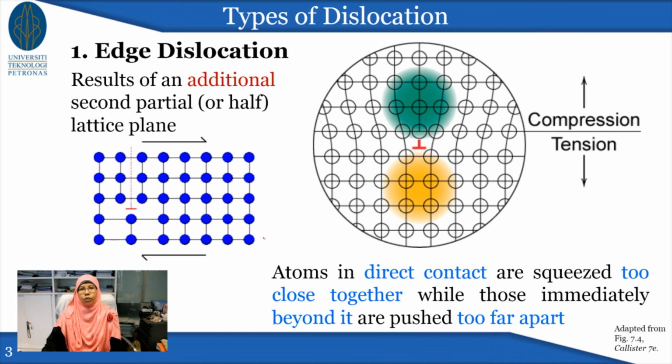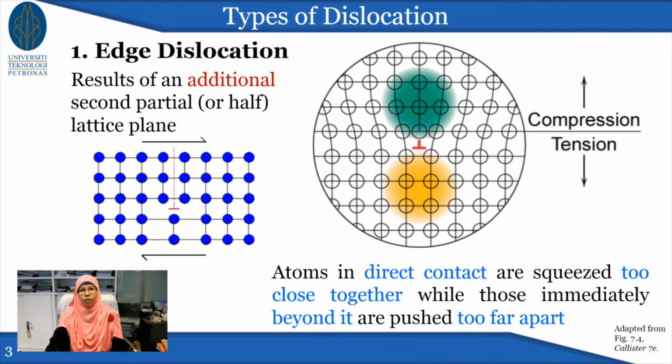And if you look at the right side schematic, what actually happens when you have an edge dislocation, it's right here, right? This is where your edge dislocation is, and can you imagine that extra half plane is actually compressing the atoms surrounding it.